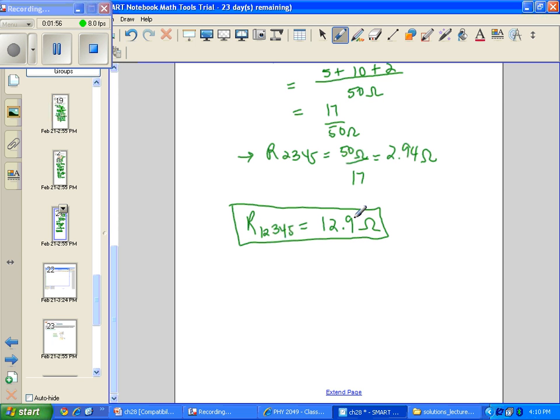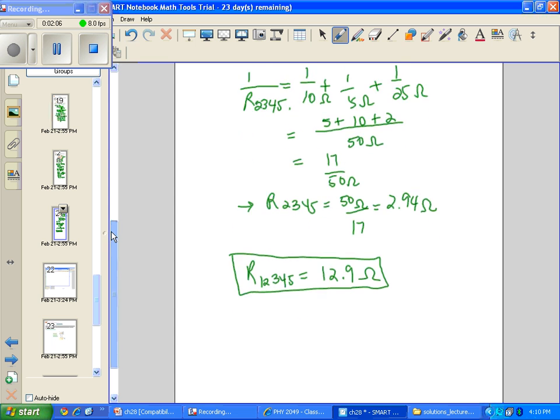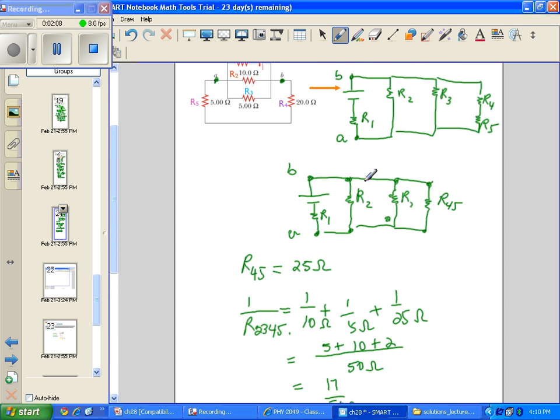The second part asked us to determine the potential difference across the points A, B. Well, if we come back over here, we notice that the potential difference across A, B is the same as the potential difference across R2, R3, R4, 5, and for that matter, a step that we did not show here.